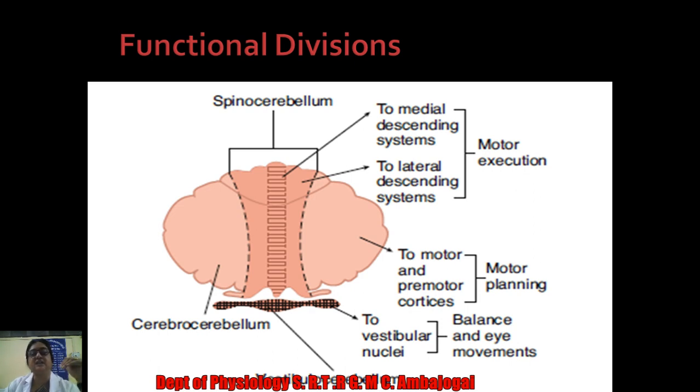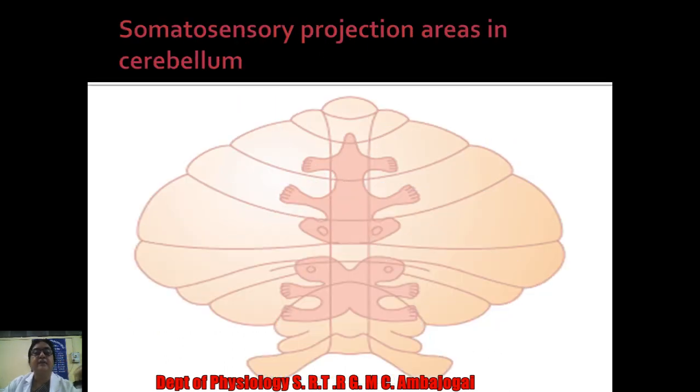In this connection, first we will discuss what are the afferent types of connection. And before going to the afferent type of connection, an important point: as in the cerebral cortex, here in the cerebellum also there is a somatosensory projection present for the peripheral areas.